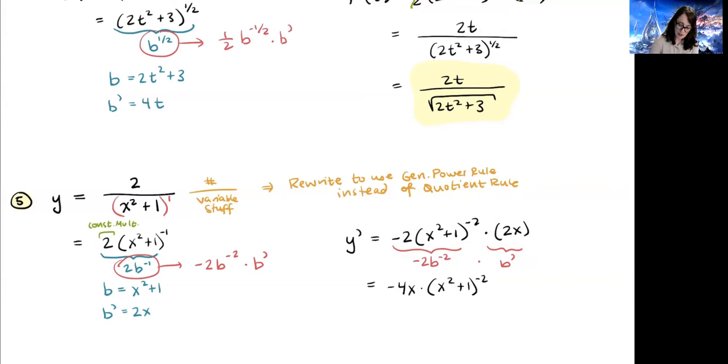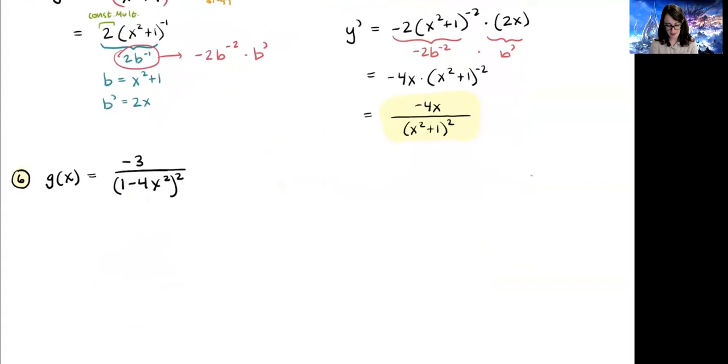So this multiplication times the negative 4x can change into division if we make the exponent a positive 2 instead of a negative 2. So the last step here to simplify, the negative 4x will stay up top, and the x squared plus 1 can go down in the denominator, and we'll end up making its exponent positive. So there's the derivative of this function.